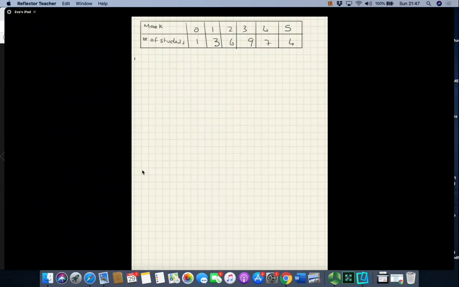Okay, so the mean. Okay, so if you remember what a frequency distribution means, it means that I have grouped a lot of data into a table that's much easier to read.